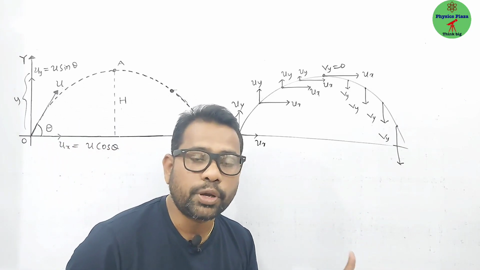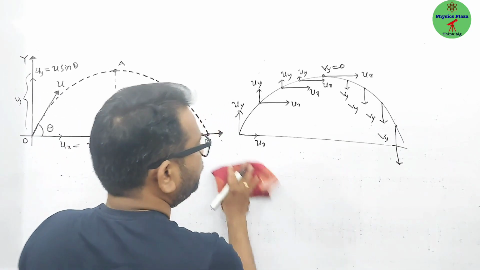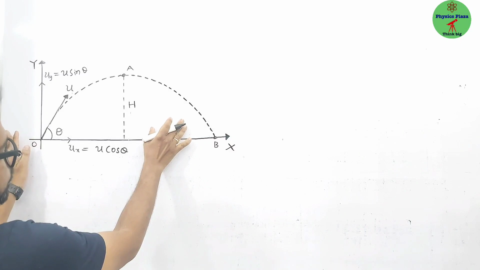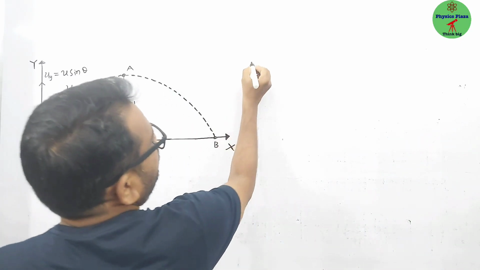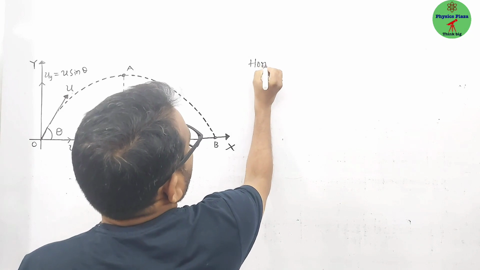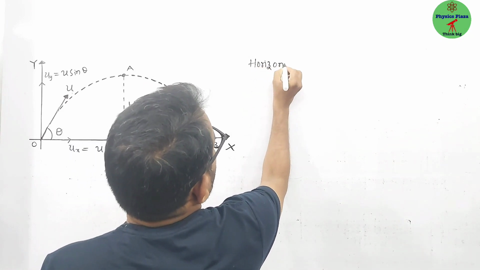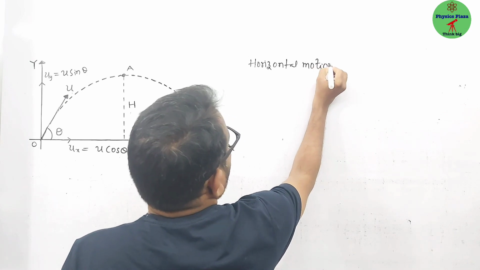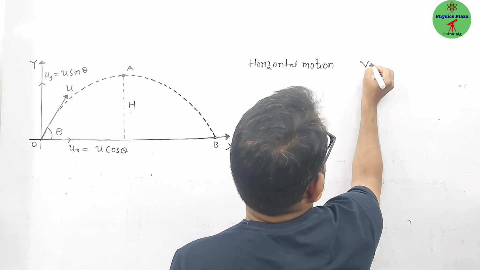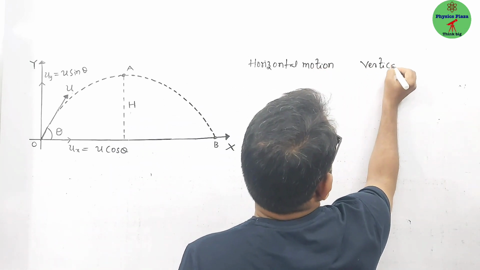This is a very important point to understand. Projectile motion can be resolved into two simple motions, right? The first one is horizontal motion, and the second one is vertical motion.